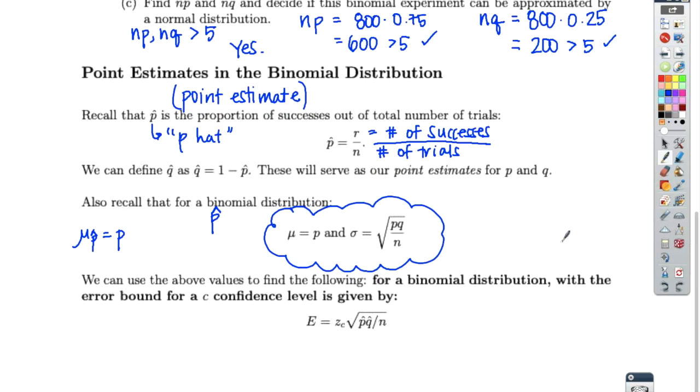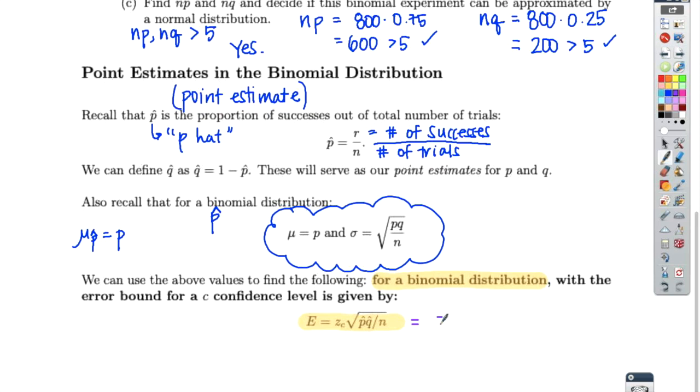Okay, so given that, we have a special formula for the error only when we're dealing with a binomial distribution. So only for a binomial distribution, the error is given by this new formula. Again, you don't have to memorize this. This is all in your Chapter 8 formula packet, although I will just point out that in your packet it's written slightly differently.